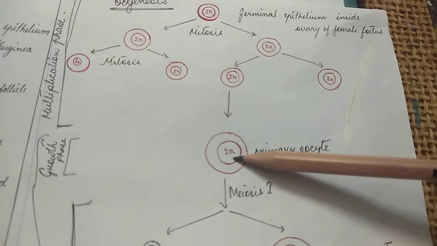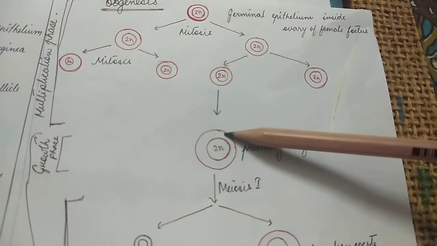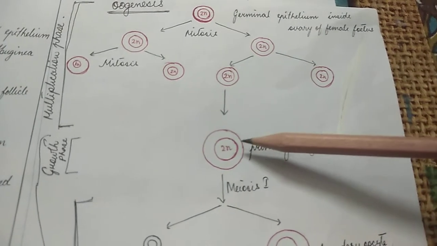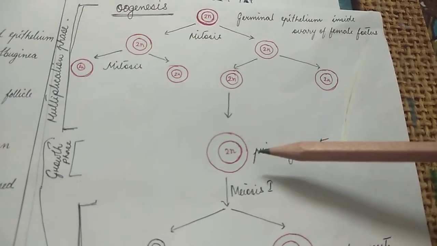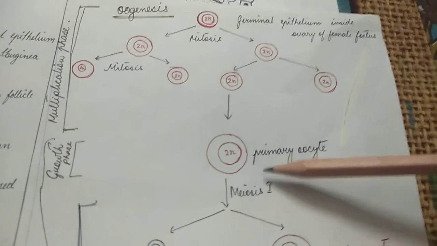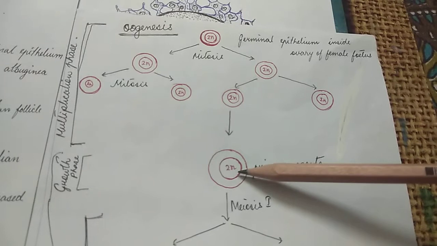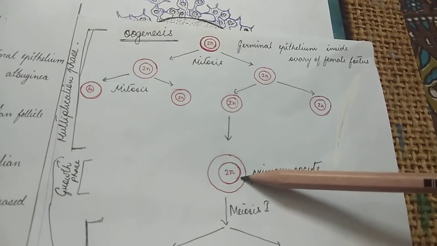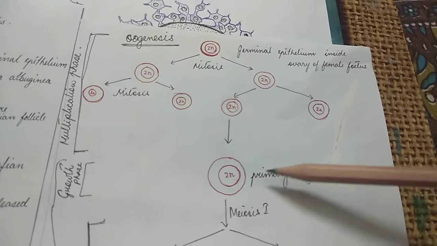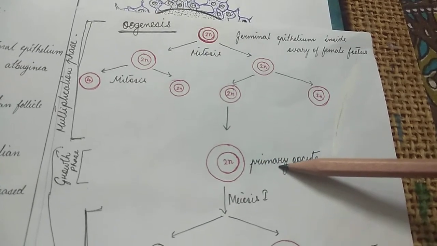The primary oocyte continues to grow in size. The growth phase of the primary oocyte is very long, extending over many years. At puberty, the cytoplasm volume increases and the nucleus enlarges in size.